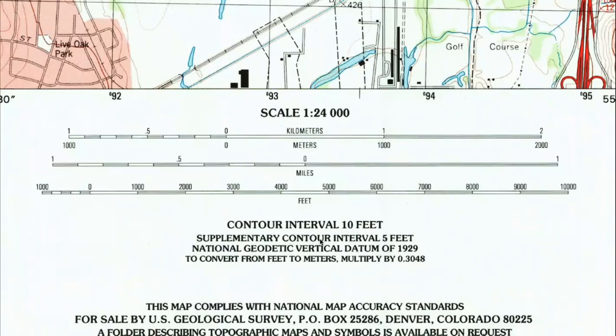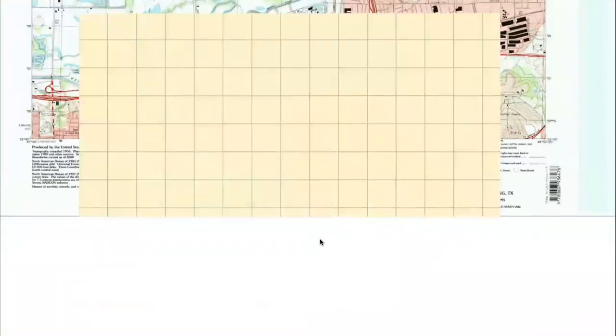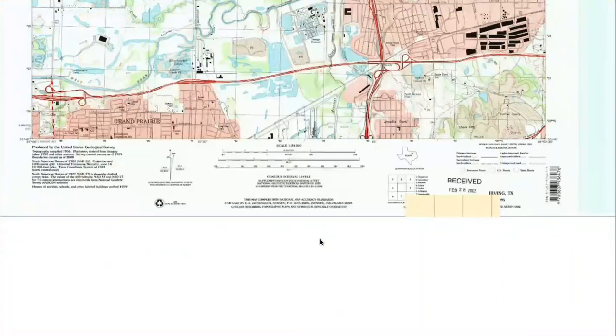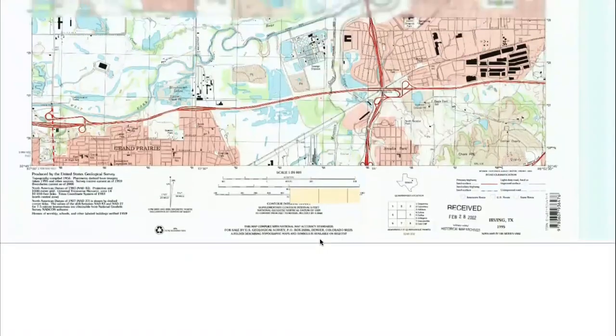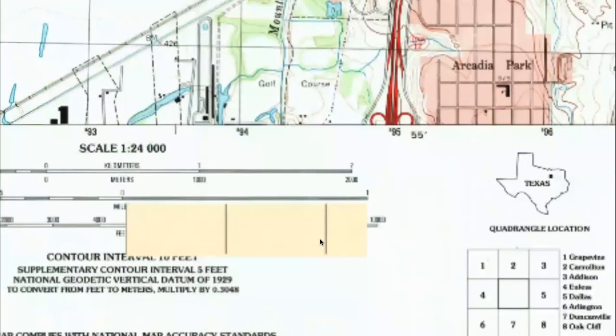If you have a fancy digital thing like I do, I can actually add a little sticky thing here with a grid on it, and it gets way too big, but I'm going to make that really small, and I'm going to bring it over, and I'm going to make it a mile wide. Watch this. All right, zoom it in just a little bit. Let's make sure we're about a mile wide, right? So take a look at that.